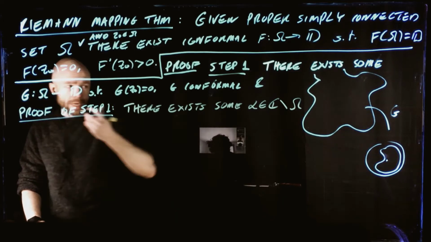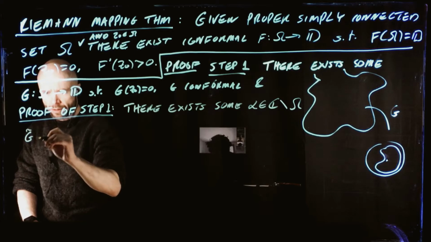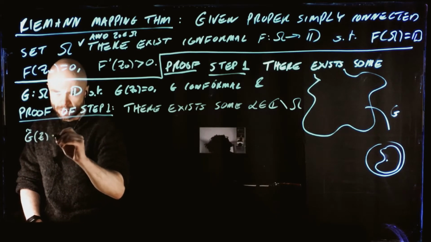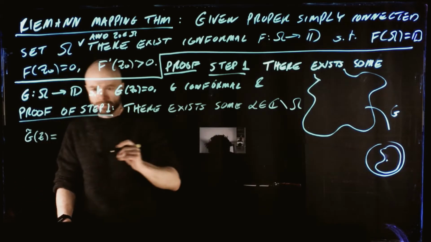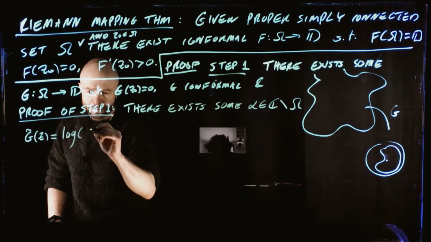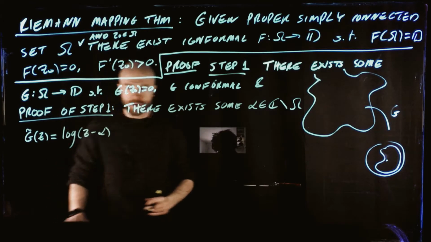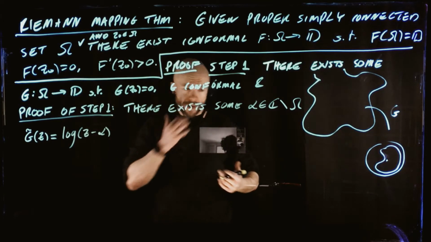And the first step to getting our G is we're going to define G tilde of z to be the following thing, and I'll write it down and explain in a second: G of z minus alpha. Okay, so why can we do this?